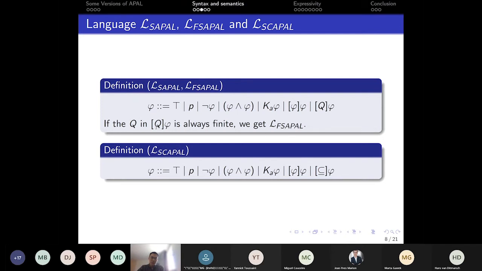If this subset is finite, then we have the finite version of APAL. And for SC APAL, the scope version of APAL, the quantifier has a symbol of subset to show that this is a subset of the atoms.